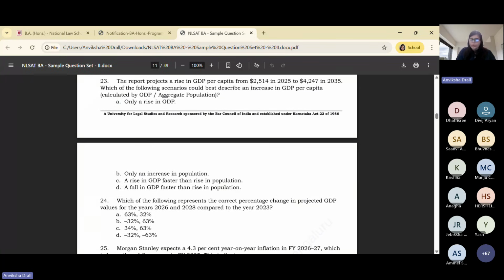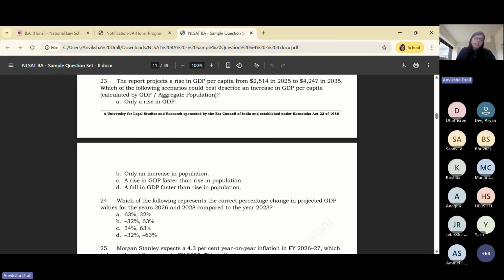Next is question 24. Which of the following represents the correct percentage change in projected GDP values for the years 2026 and 2028 compared to year 2023? So, for all the questions, two things that you have to remember for quantitative reasoning.